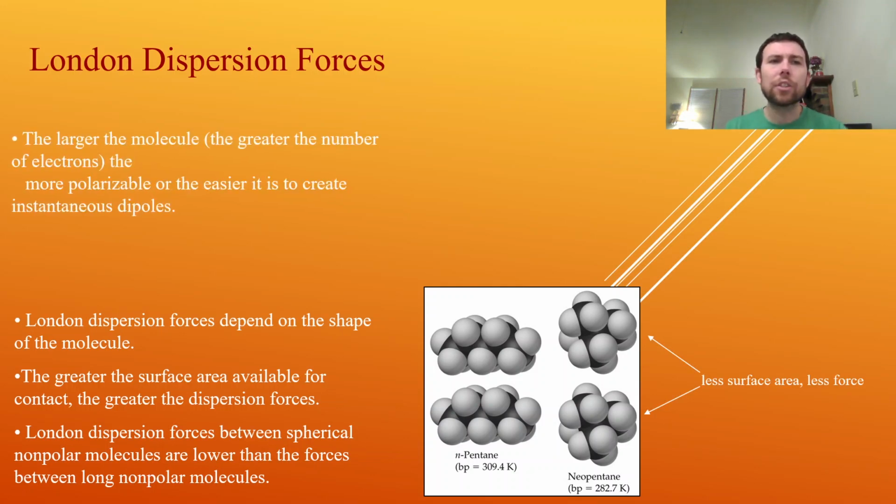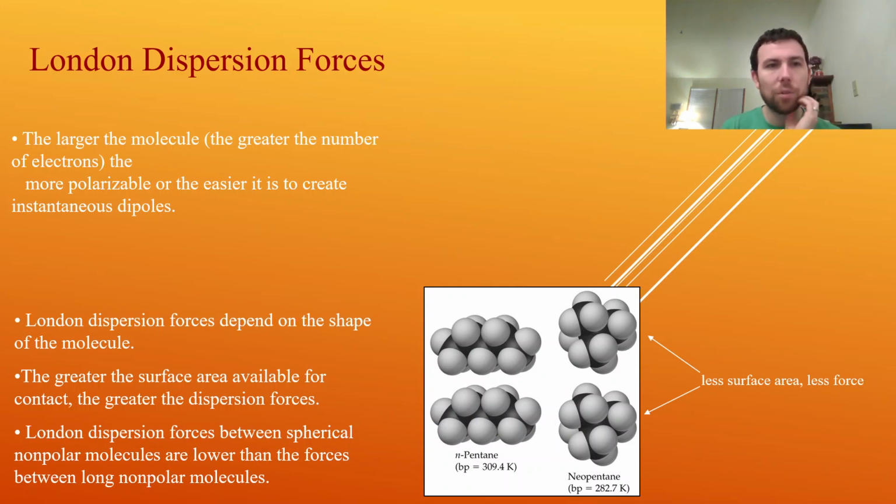The second thing that you should consider is that the larger the molecule is, and when we say large molecule, we mean a greater number of electrons within the molecule, the more polarizable it is, and so the stronger its London dispersion forces.